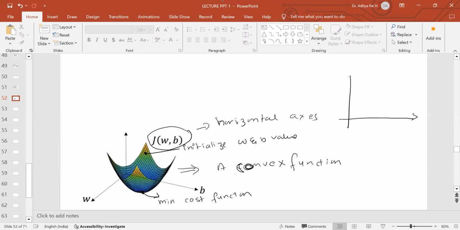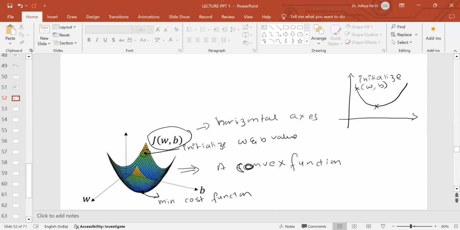Now, when this is converted to a convex function, we get it like this, where we are initializing the W comma B here. Now what does the gradient descent do? Gradient descent finds out the path to go towards the minimum cost function.